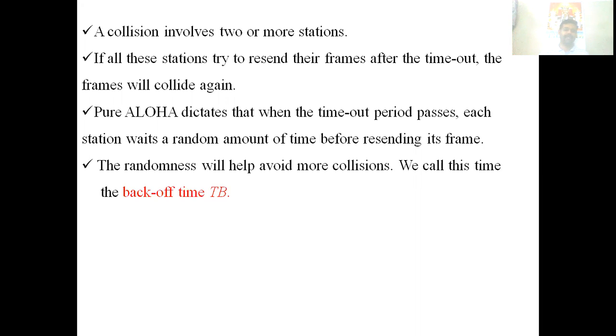This randomness will help to avoid more collisions. This waiting time we call the back-off time, TB. So what is back-off time? It is the time that a station waits after a collision, and it is a random time.